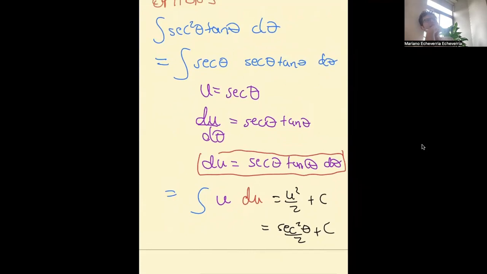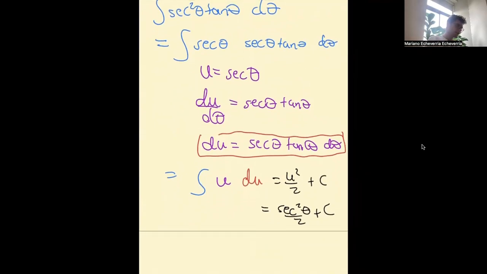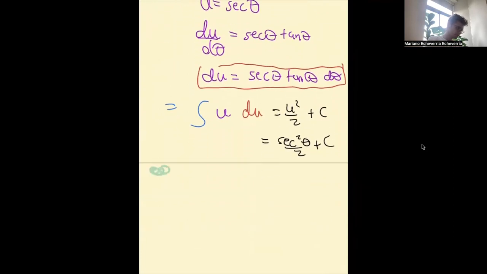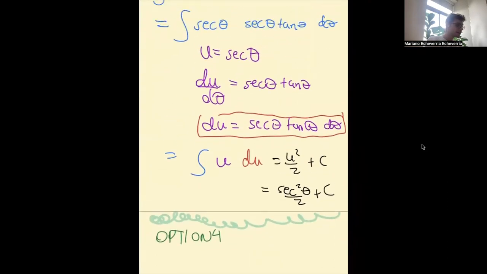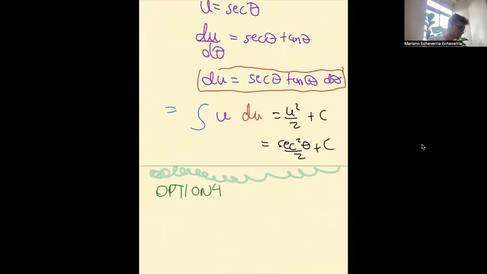And here's a last option that I can think of. So here's another one. Option 4, which is good to know that you also can use from time to time, is that let's write everything in terms of sine and cosine. That's also a nice thing to do.